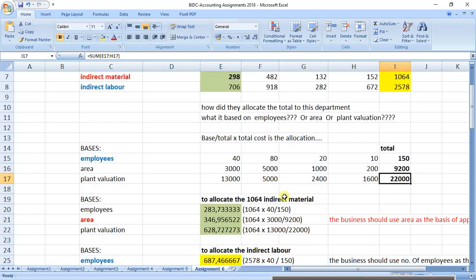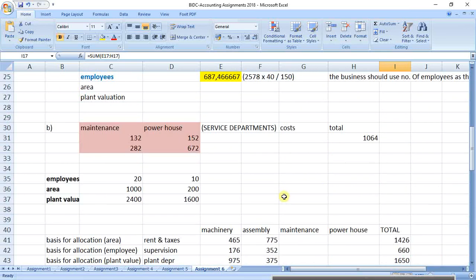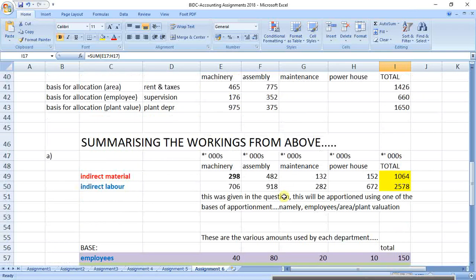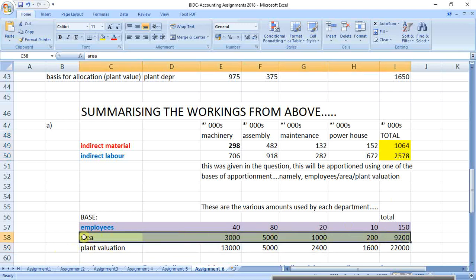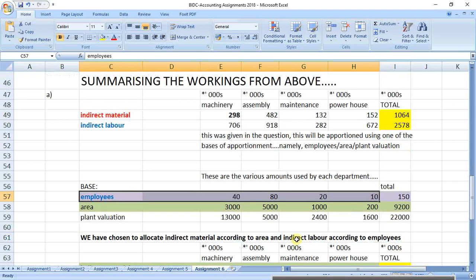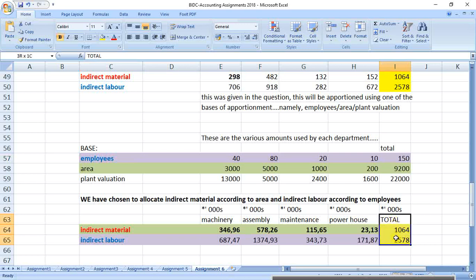Now if I'm going to be allocating the cost, here at the bottom, where's my A? Here's my A. Those are the totals. Are the totals going to change? No, the totals don't change. We're looking at allocating those totals based on area and employees. So how am I going to allocate the indirect material?